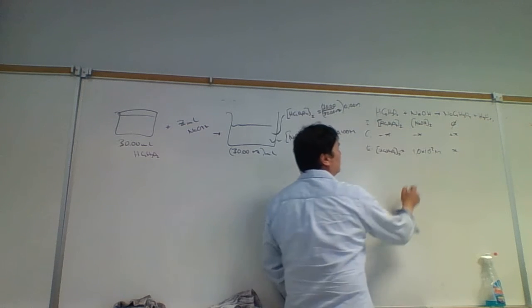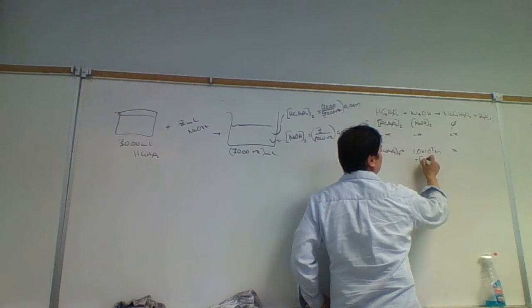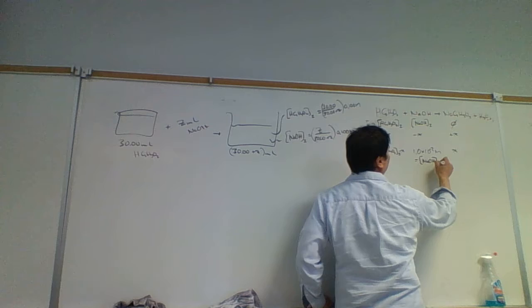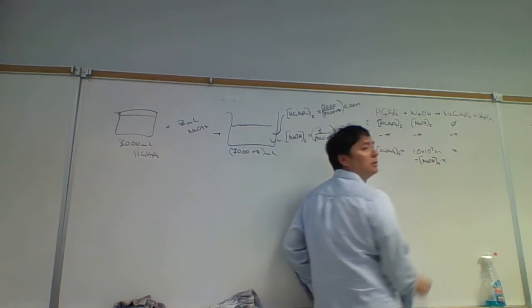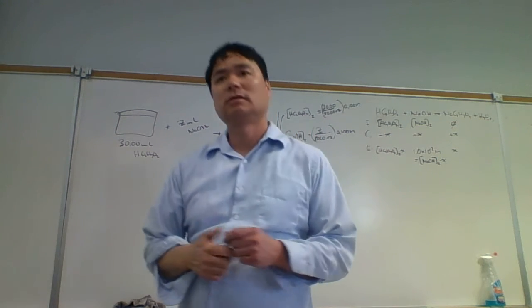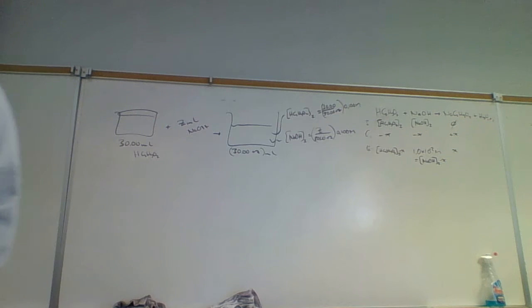And then this sodium hydroxide is just going to be the NaOH initial minus X. Is that right? But you know what X is. What is X? X has to be what?